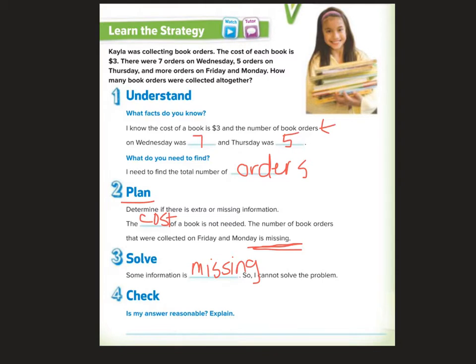So is my answer reasonable? We would just write, well, since information was missing, I can't solve the problem.